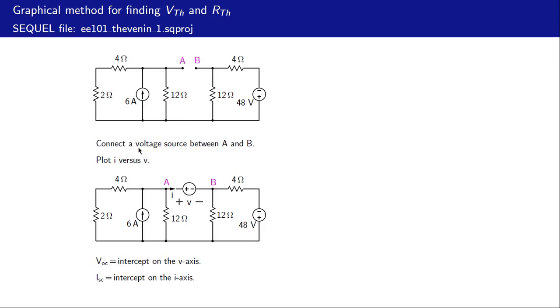We connect a voltage source between A and B like that, and then plot this current as a function of this voltage. And when we do that, VOC is given by the intercept on the V axis, and ISC, the short circuit current, is given by the intercept on the I, or the current axis.